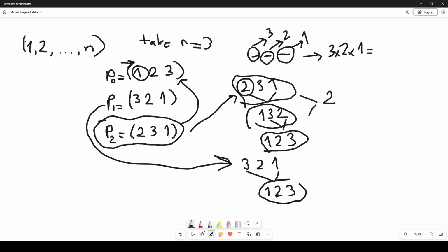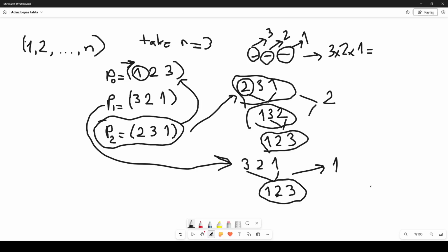So how many interchange or swap operations have I performed? Only one, right? So with one operation, I restored the naturally ordered permutation, which is P0 in this case, 1, 2, and 3.